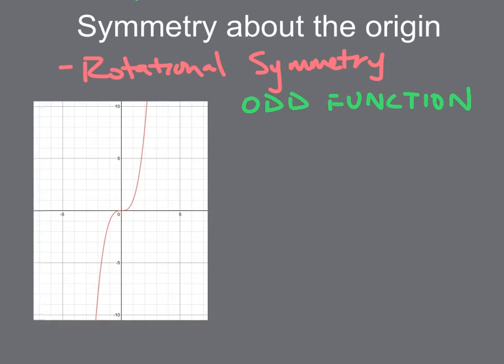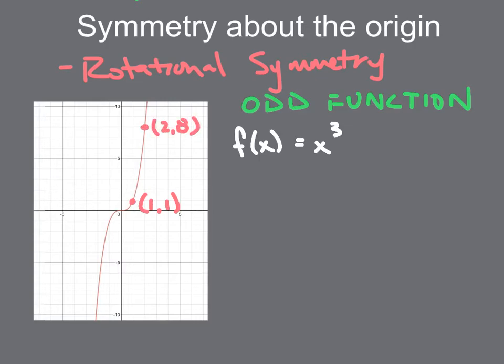And here's what I mean by that. This is the function f of x is equal to x cubed. It's called a cubic function. Now, we've got some specific points on this graph that I'm going to label as the point (1, 1), then the point (2, 8).